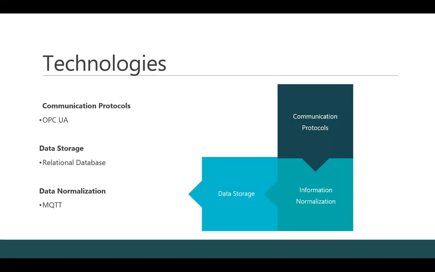Distinguishing factors are standardized data models freely available for over 60 types of industrial equipment, all published by the OPC Foundation. Extensible security profiles, including authentication, authorization, encryption, and security key management.